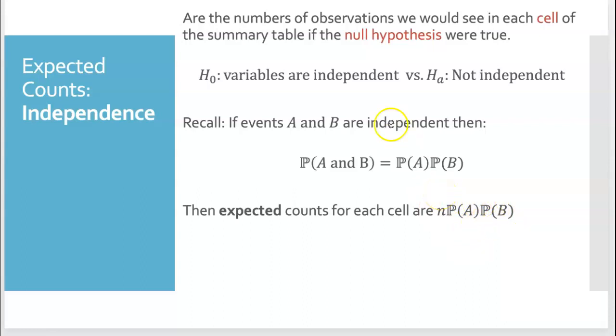We're just saying, if the null hypothesis were true, the percentage of outcomes that are both in A and B would just be equal to the percentage of A times the percentage of B, if independent. If we want to find our counts, it's just n times that.